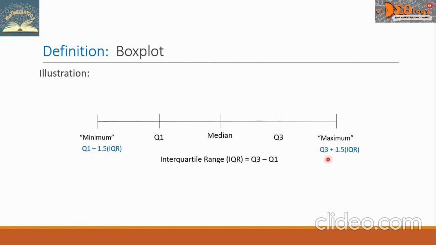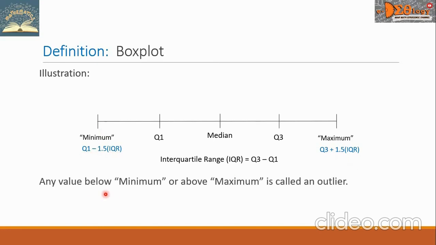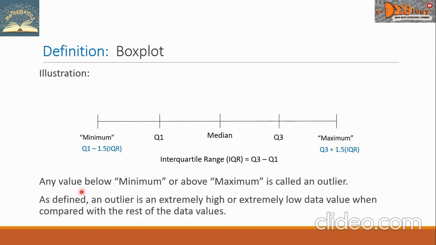For the maximum, we have here third quartile plus the product of 1.5 and IQR. Any value below minimum or above maximum is called an outlier. As defined, an outlier is an extremely high or extremely low data value when compared with the rest of the data values.